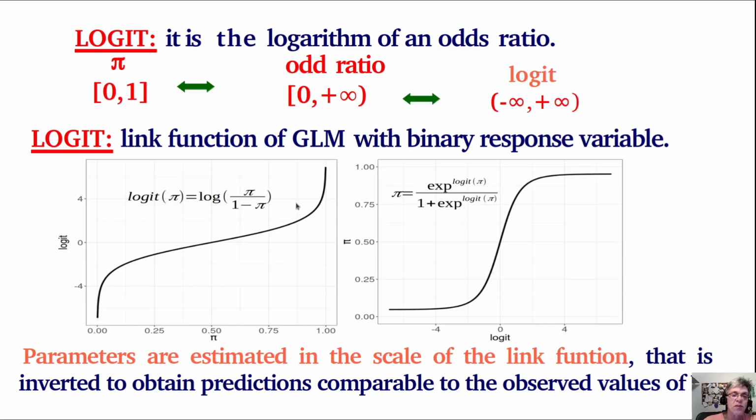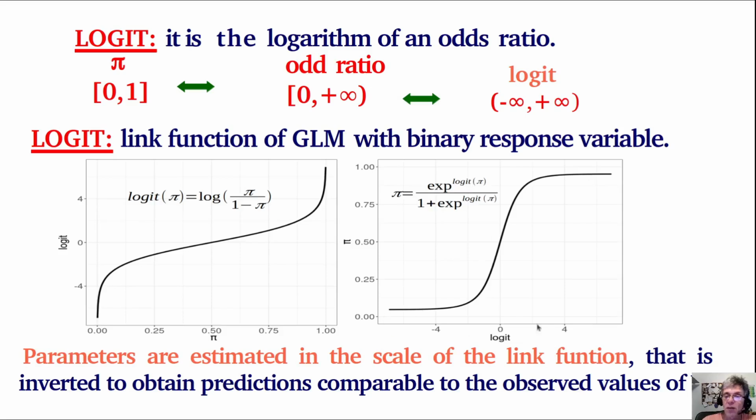This is of course undefined when the probability of success equals 1, because the log of 1 over 0 is undefined, and this is also undefined when the probability equals 0. So this has a curvilinear shape. This is showing the relationship between pi and the logit, which is a sigmoid function.